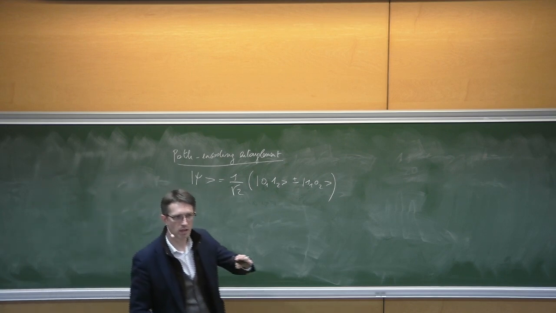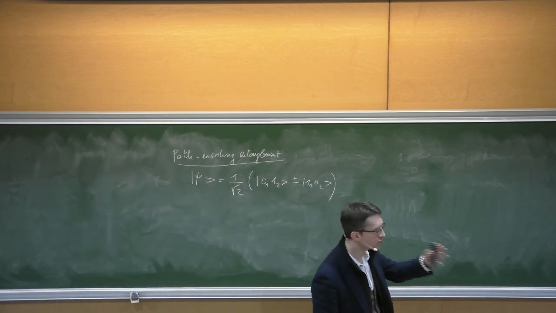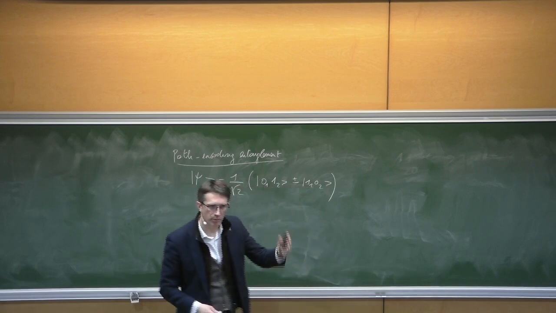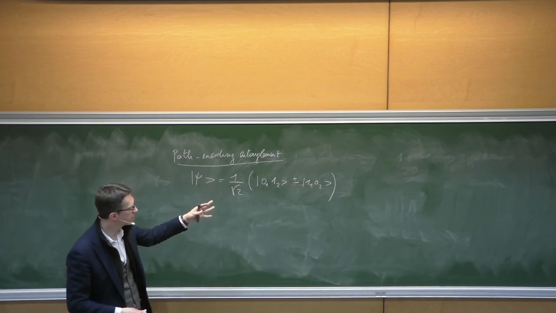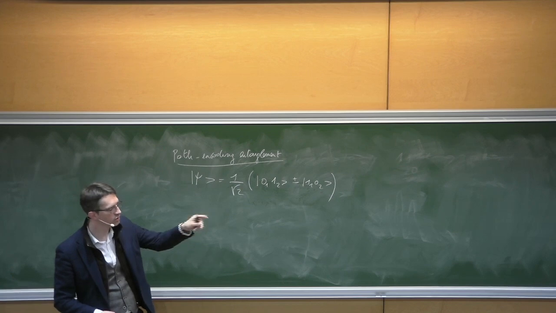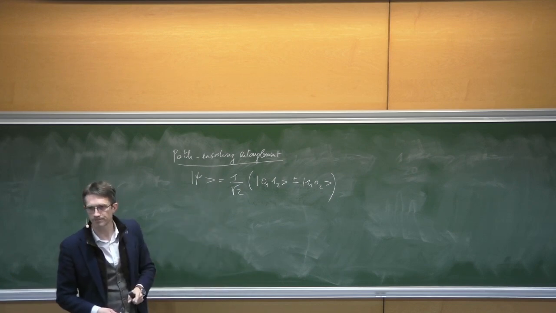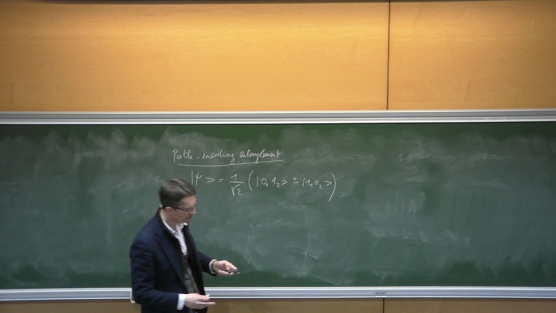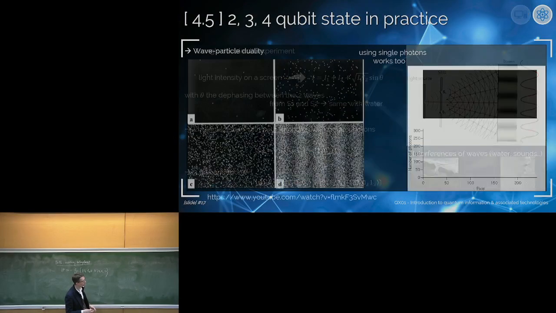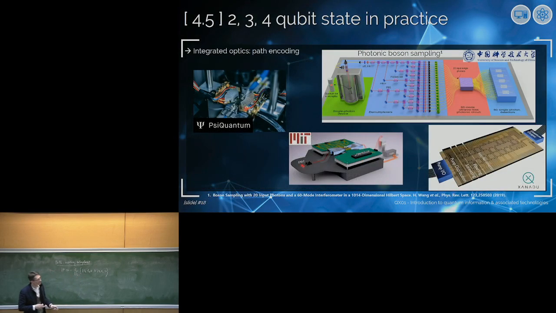Okay, I mentioned that the polarization state of photons can be used as qubits, and I'll come back to that. But another way of using photons as qubits is to encode information onto the path that they take. Okay, and the good thing about that is that here are some examples, from companies like these two, but also examples from universities.